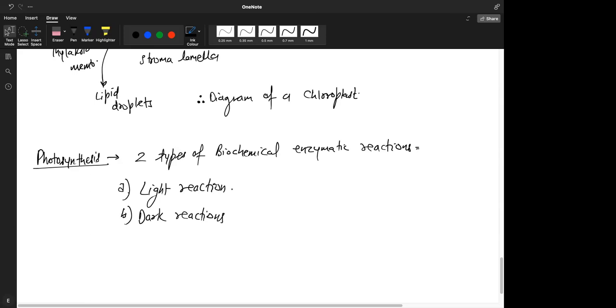But the dark reactions still can continue because throughout the day, light reactions have happened, and the products of light reactions, which are ATP and NADPH, these two energy molecules in the cell, have been synthesized and stored in the cell. Do you understand? So dark reactions are independent of light. They can happen in the presence of light, and they can also happen in the absence of light.